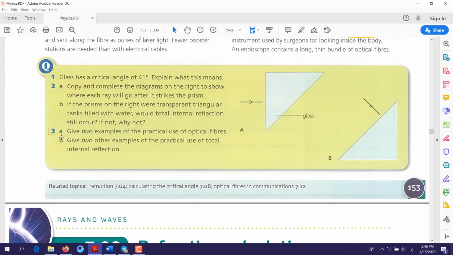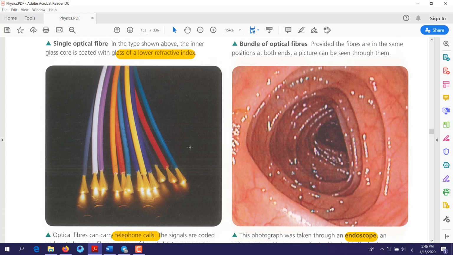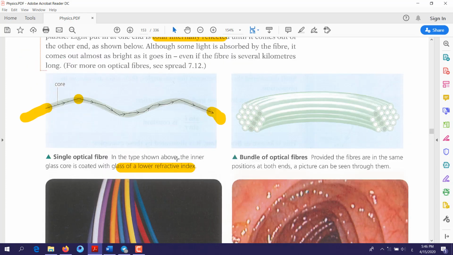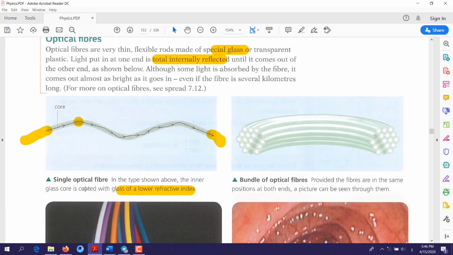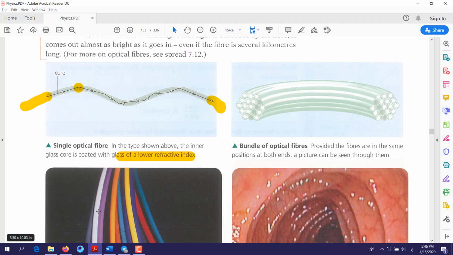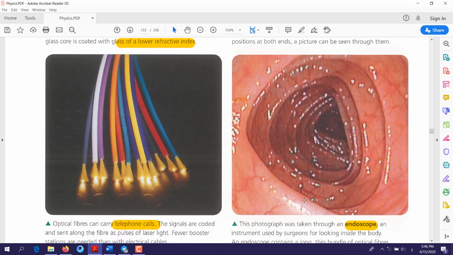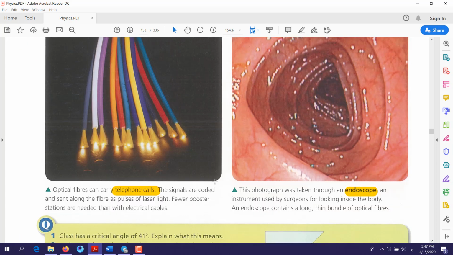Question number 3. A. Give 2 examples of the practical use of optical fibers. As we said, we can use them for carrying telephone signals and in the endoscope.